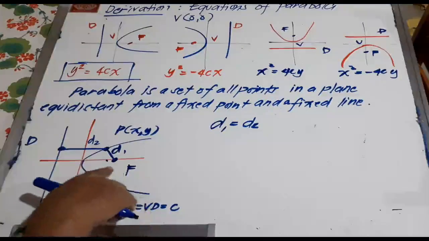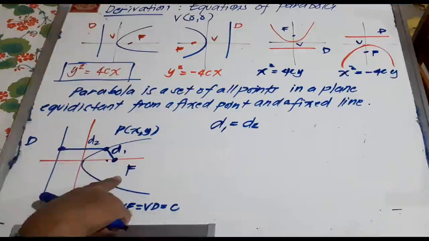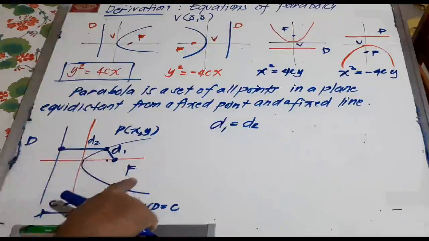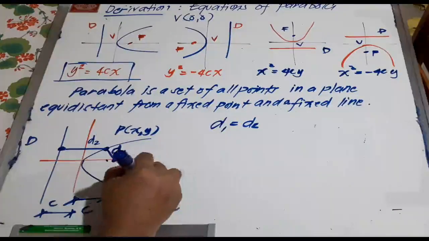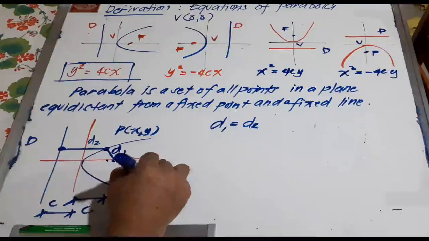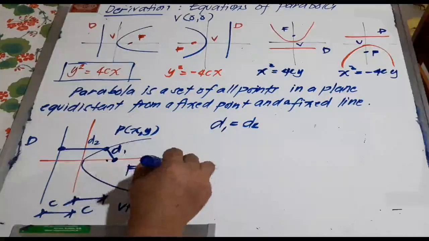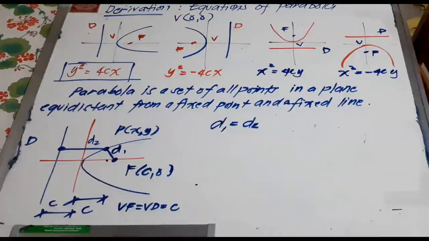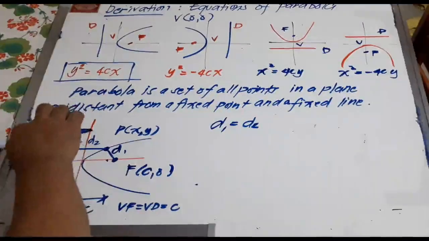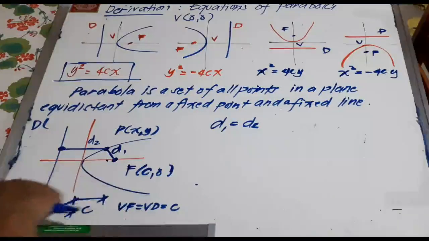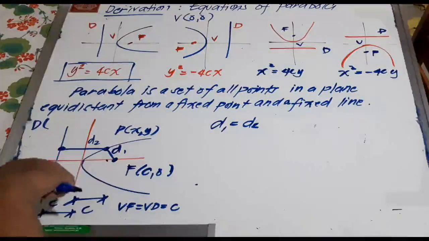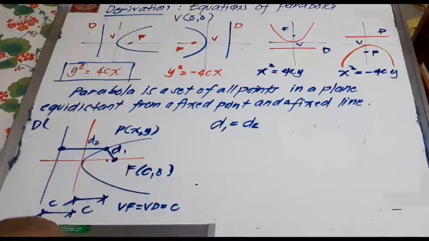Let us first find the coordinates of the points, because we don't have the coordinates of this point. So, the coordinate of the focus: the horizontal distance is c, and the vertical distance is 0 since the focus is located on the x-axis. While for this one, the upper point, the horizontal distance is the distance of this directrix to the vertex, which is c.